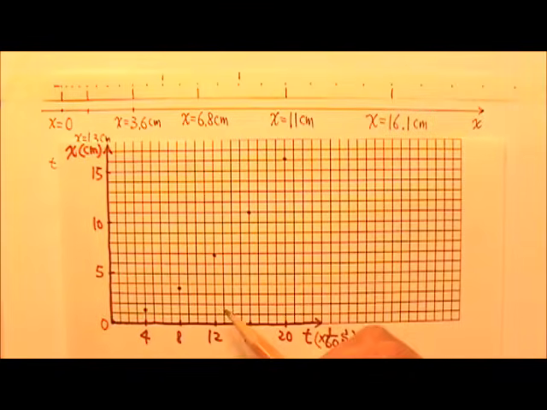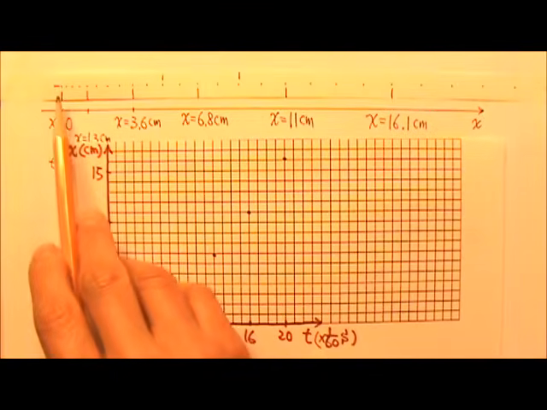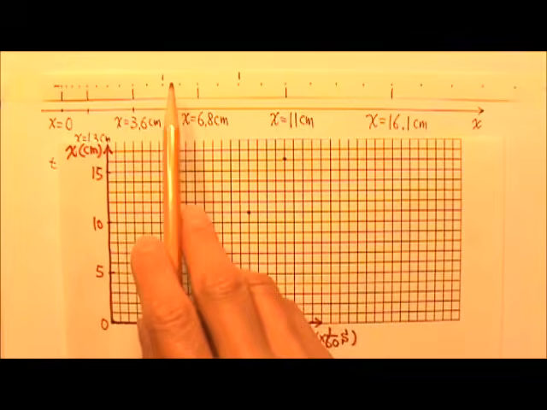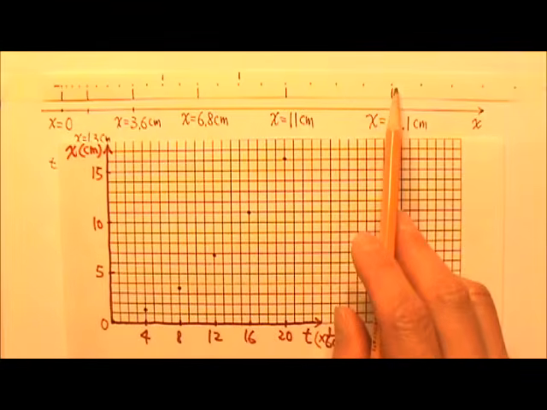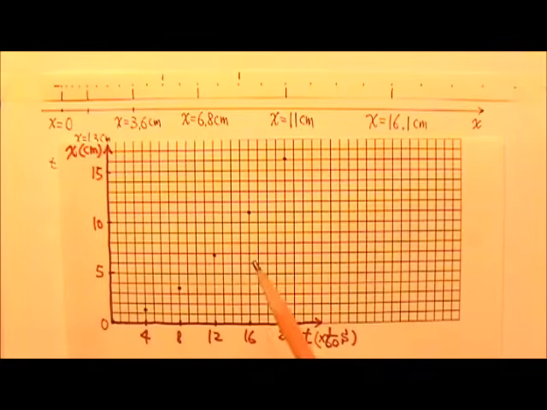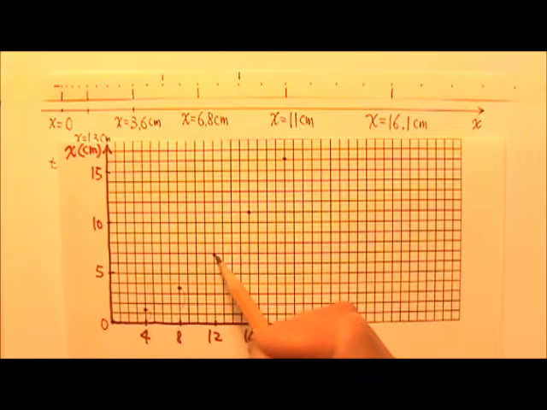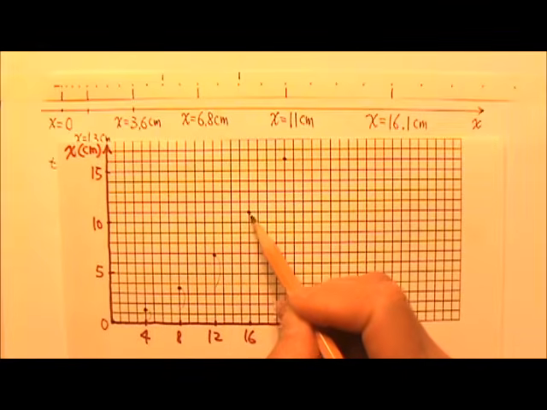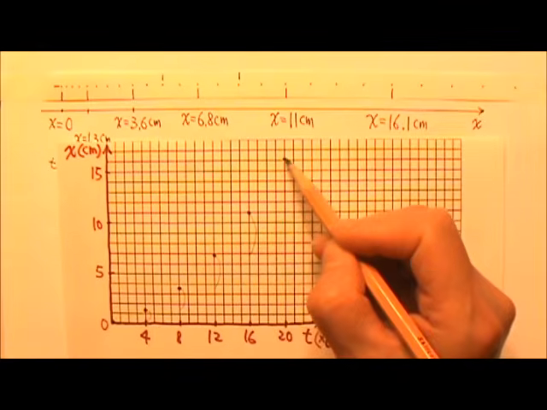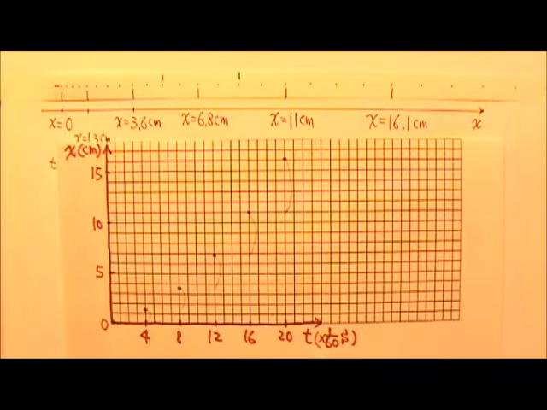Okay, because as you can see, the distance traveled by the cart gets bigger and bigger for the same time interval because the cart speeds up as it goes down the incline. And that means that in the same time interval, the distance traveled gets bigger and bigger and bigger.